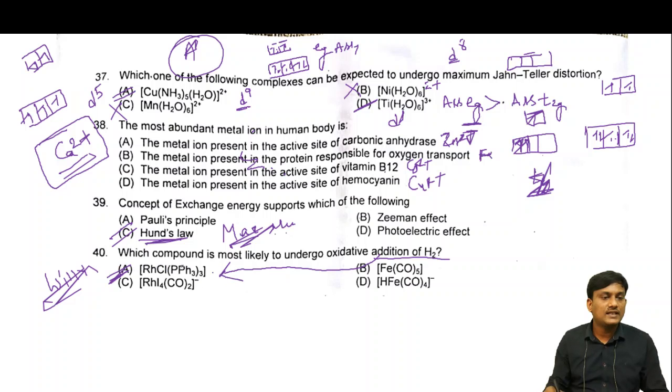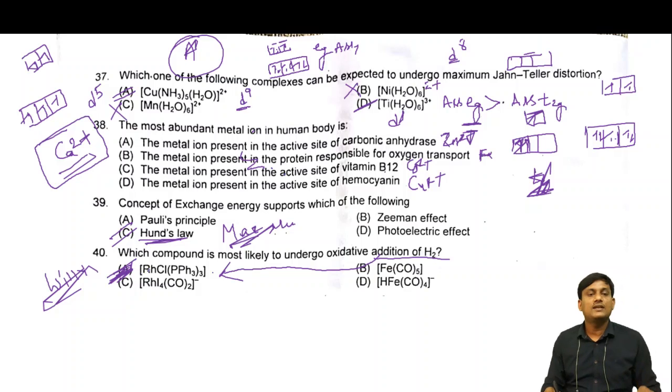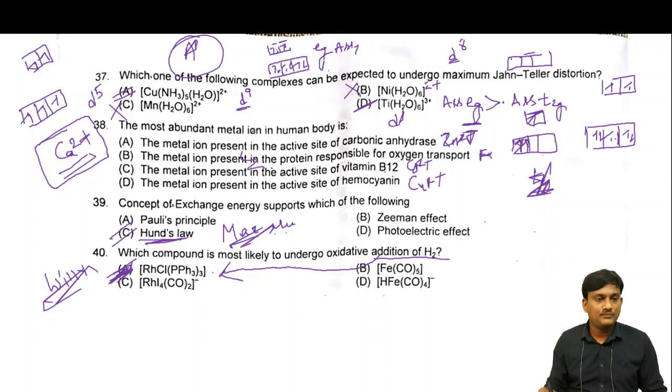So this one is the correct option. Wilkinson's catalyst, the first step, addition of hydrogen. Okay, remaining cases, when compared with this complex, the reactivity will be less. So which one is the correct option? A is the correct option.